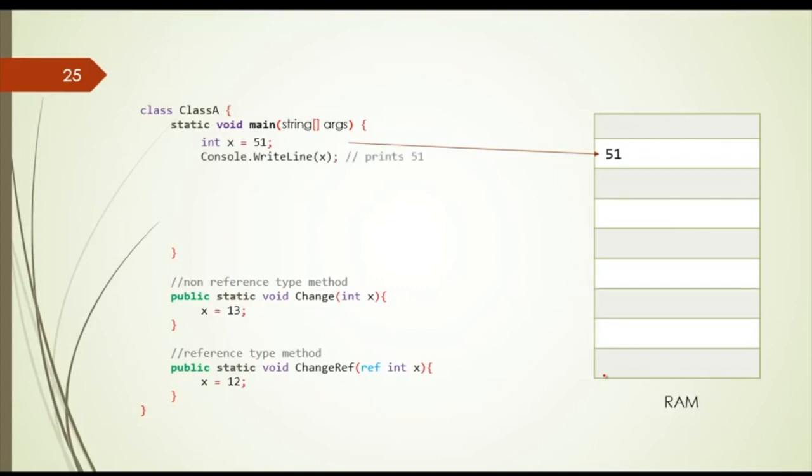So when you print X, it prints that number, and when you pass it to change, it really copies X to here. It makes a new copy of your previous number or previous primitive type, whatever it is, maybe date or time or something like that.